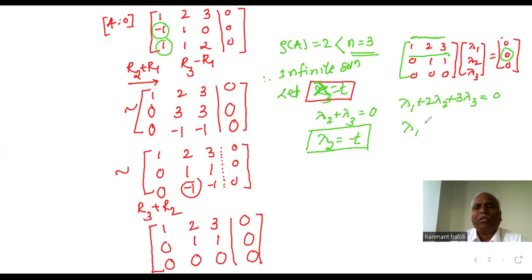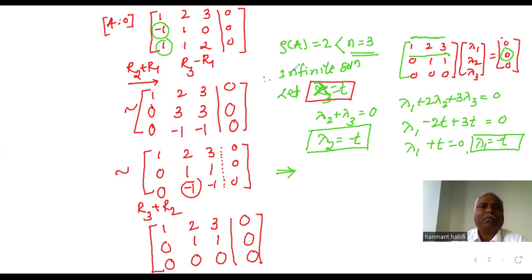Lambda 2 is minus t, means minus 2t, plus lambda 3 is plus t equal to 0. Therefore, lambda 1 minus t equal to 0. Therefore, lambda 1 equal to minus t. When the system has infinite solutions, then vectors are linearly dependent.